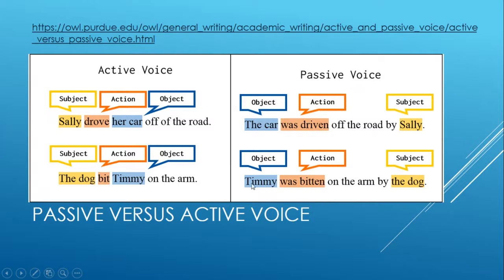See the difference? Now, I'm telling you to use the active voice, but there are times that the passive voice is acceptable. For instance, when you don't know who did the action, you may want to go passive, or you don't want to accuse anyone.